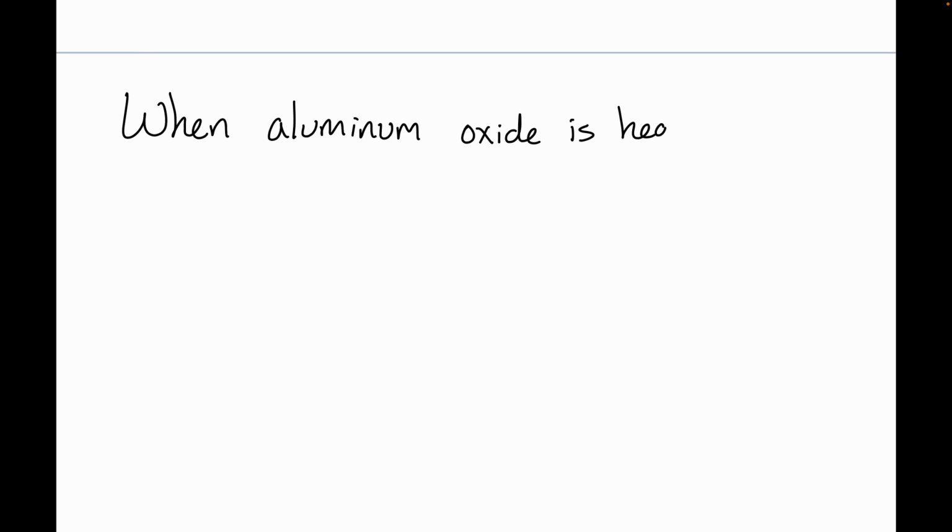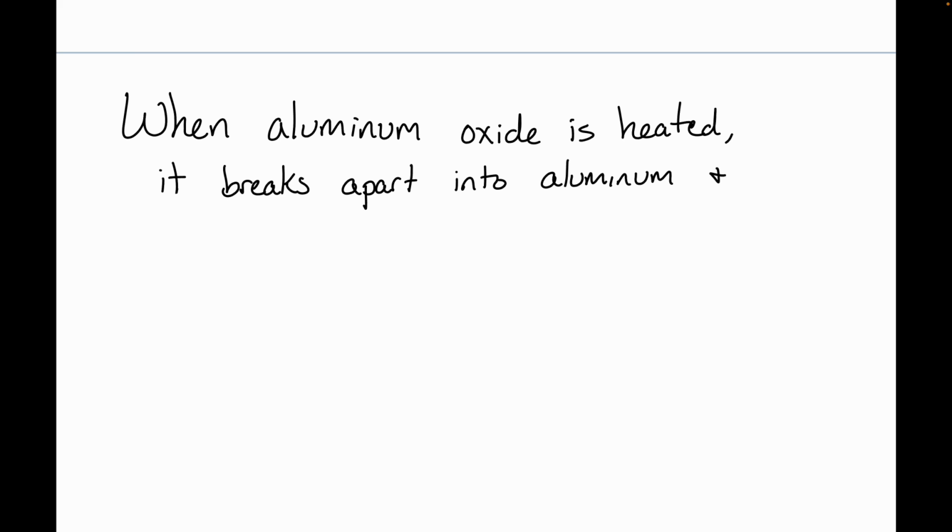All right. Let's do one more here. So when aluminum oxide is heated, it breaks apart into aluminum and oxygen.